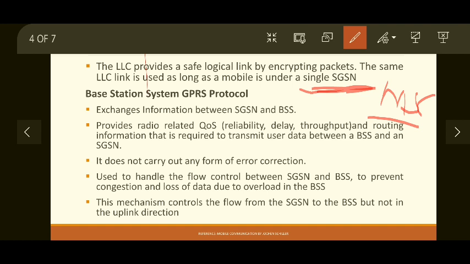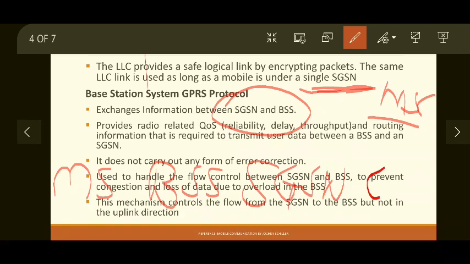This protocol is used for communication between SGSN and BSS. So our hierarchy is MS, BSS, SGSN, GGSN, and then external packet data networks. So for communication between SGSN and BSS, BSSGP is used.